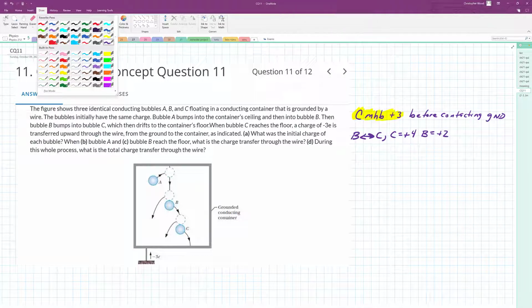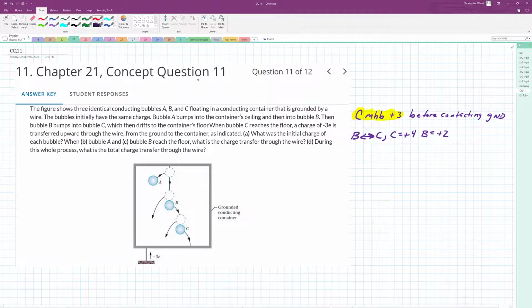This is for sure the initial charge on bubble C, plus 4, because prior to contact with bubble B, bubble C was in its initial state.